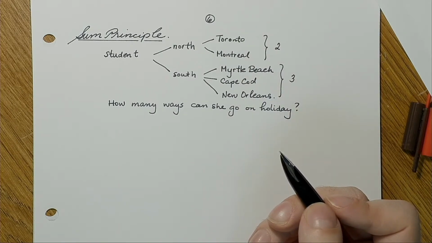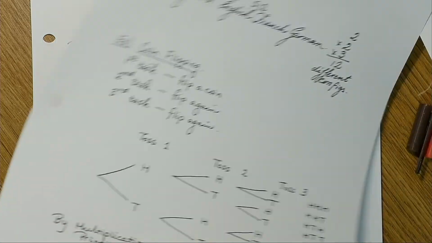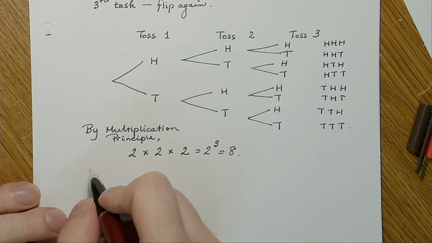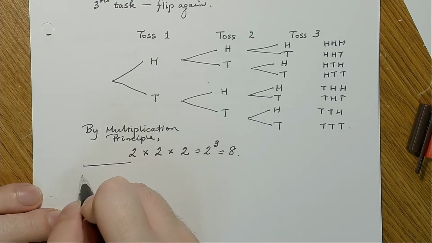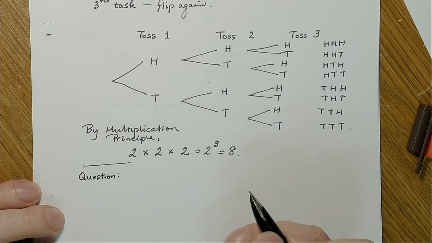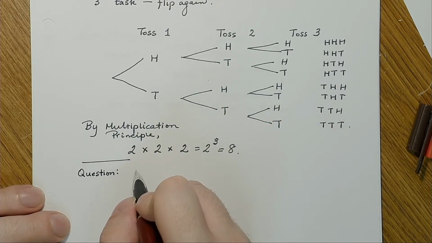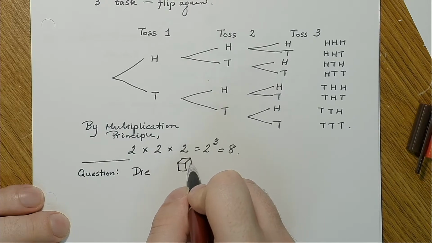Yes, for multiplication. So the question is kind of extending that. So here's the question that was asked. Let's think about that for a die instead. So if I had a die, which is that cube with dots on it.